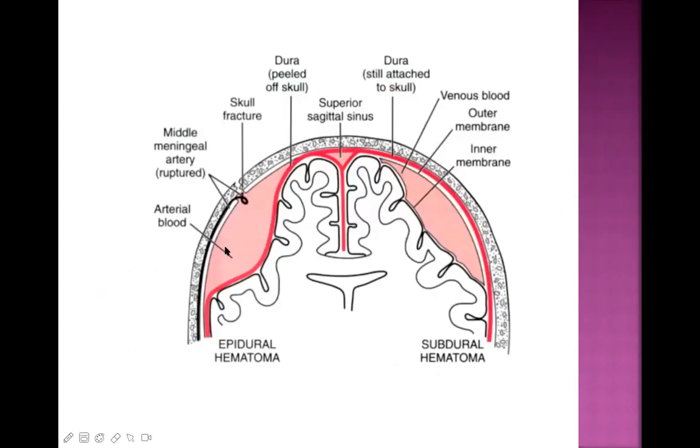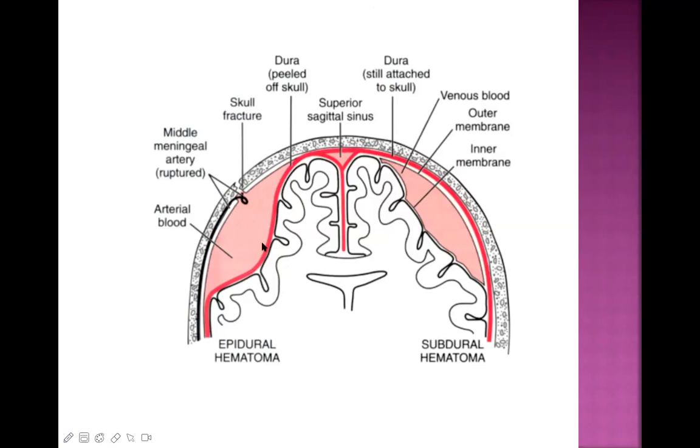Now, one common question we like to ask is, what are the differences between epidural or extradural hemorrhage and subdural hemorrhage? This slide is trying to explain the same. Now see here, okay? On this side, there is epidural or extradural hemorrhage. Look at the shape of the blood clot.